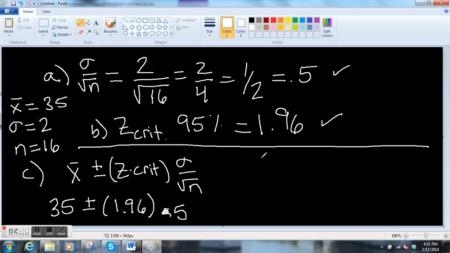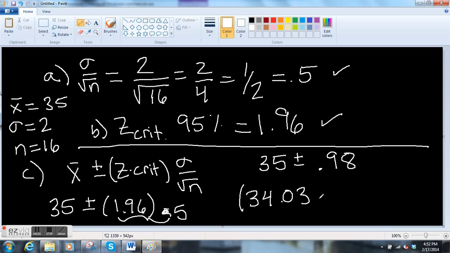Part C. This is 35 plus or minus 1.96 times 0.5, that's going to be equal to 0.98. So then you get 35 minus 0.98 is 34.03. That's the lower value. And then the upper value is 35 plus 0.98, and that's just 35.98.